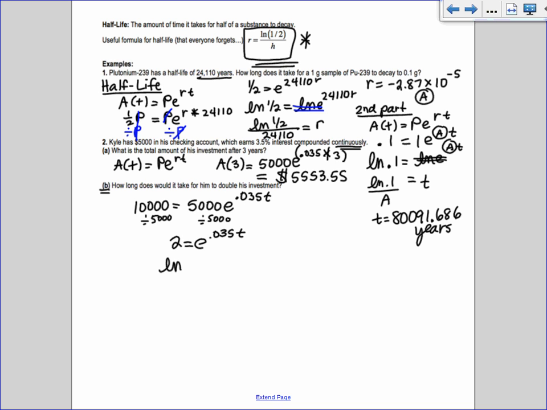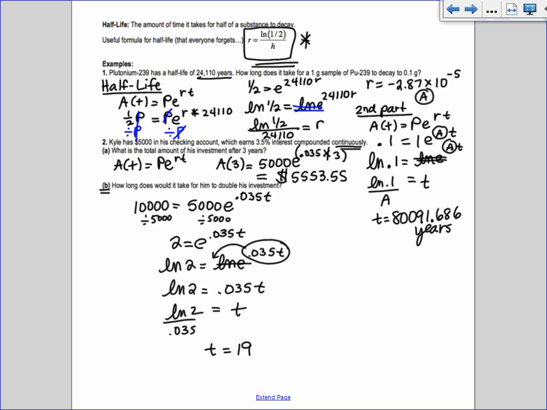So I'm going to do natural log of 2 equals natural log of e to the 0.035t. I pull this to the front. Natural log and e cancel. So I have natural log of 2 equals 0.035t. And I divide. I end up getting t equals 19.804 years.